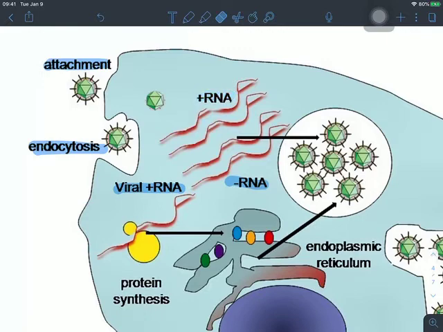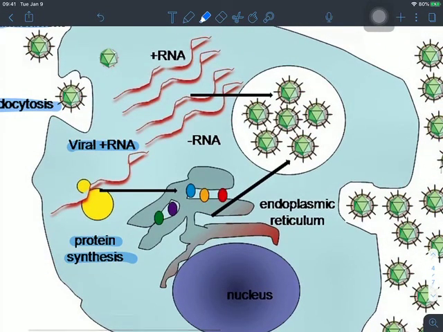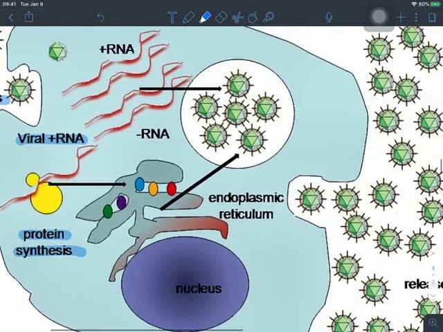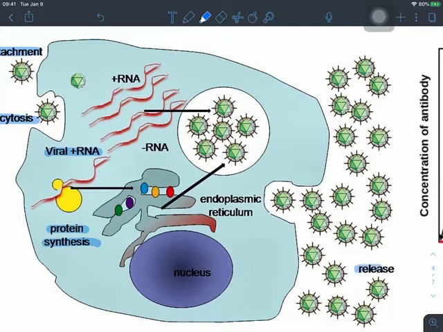Not super important here, but rather that it's making all of the machinery necessary to copy itself and perform protein synthesis. This will then go through your nucleus and ER and start forming individual protein capsules, and then it will be secreted out of the cell and released in order to infect other cells.